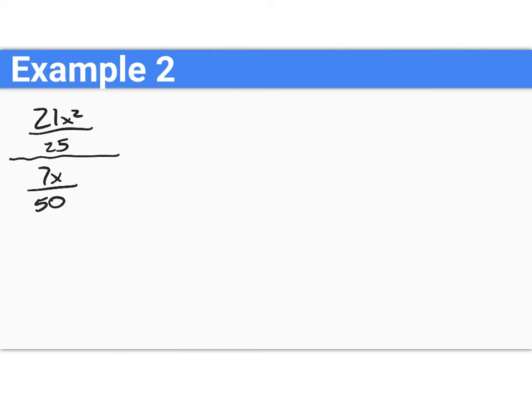Okay, let's look at our second example where you got a fraction on top of a fraction. Remember, this is a fraction bar, this is a fraction bar, and this is a fraction bar. It means divide. So the first thing I think to do when I see two fractions like this is I am going to separate them: 21x squared over 25 divided by, so I took the middle fraction bar and changed it to this, 7x over 50.